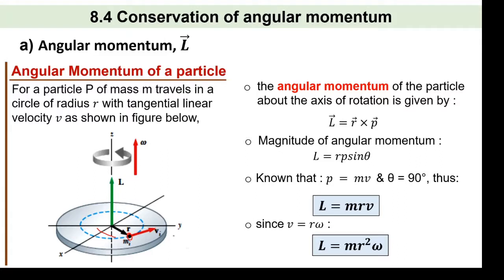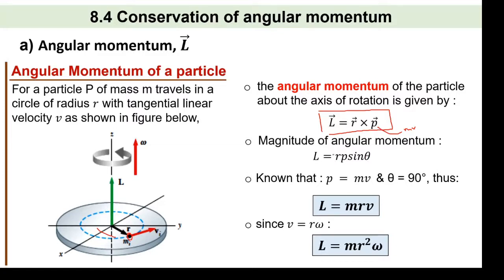So the angular momentum, this is another formula for angular momentum. You can find it as the cross product between the distance of the particle to the axis, r, and the linear momentum p. The magnitude of the angular momentum is rp sine theta, where theta is the angle between r and p.